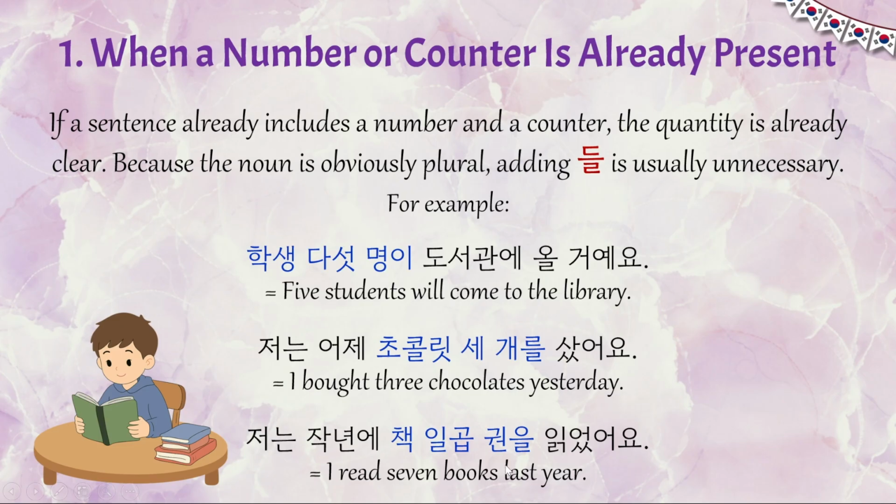So we do not attach the particle 들 to the noun because the plurality is already clear with the help of the number and the counter present in the sentence. Okay? So here, 5명, 3개, and 7권 already tell us that there is more than one, so 들 is normally omitted.